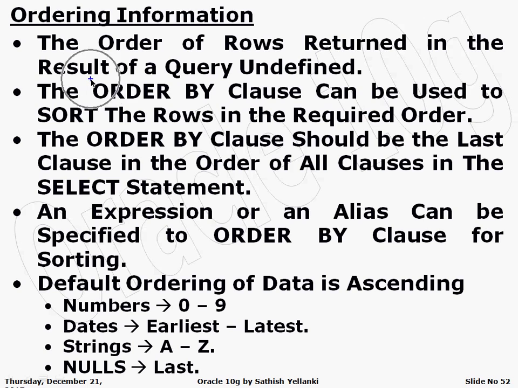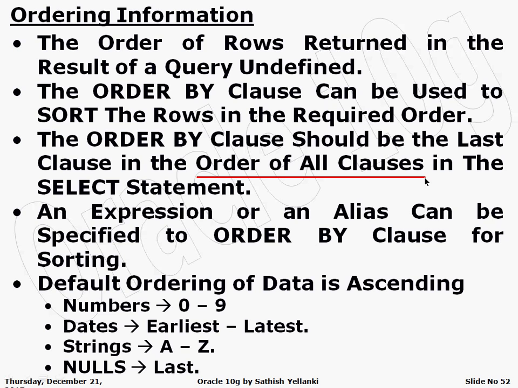And whenever you are trying to work with the order by clause, you can always use an order by clause such that it can sort the rows in the required order. Be very clear about that. So the order by clause should be the last clause within the order of all the clauses. You write any select statement either today or any time. When you want to order the data, your order by clause should be the last clause in the select statement.